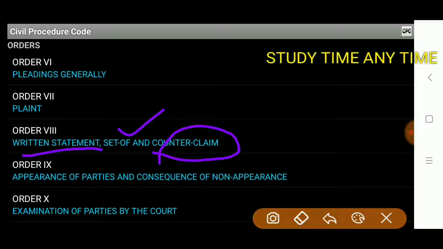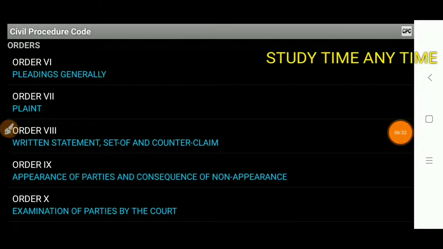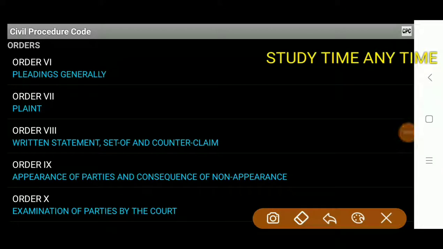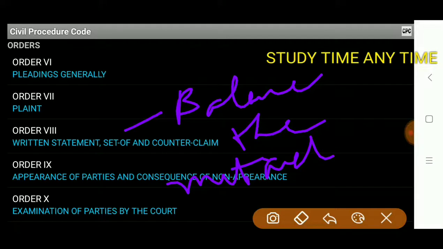Written statement is the reply to the plaint. Set off is the balance of mutual debts.